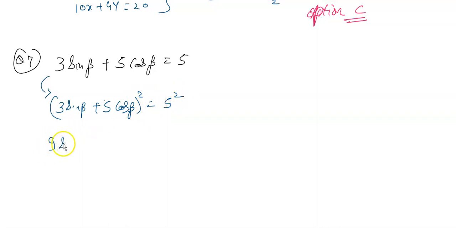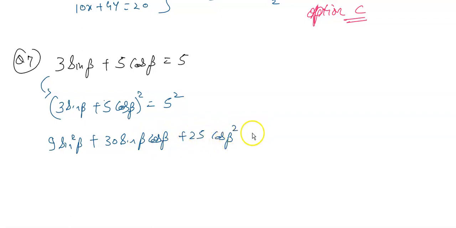So this is 9 sin square beta plus 30 sin beta cos beta plus 25 cos square beta. This is equal to 25.